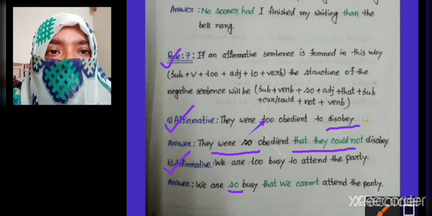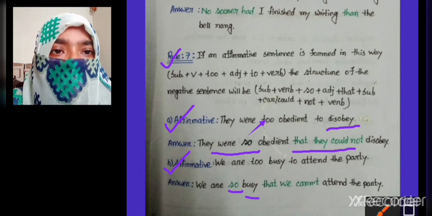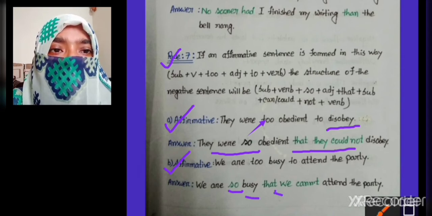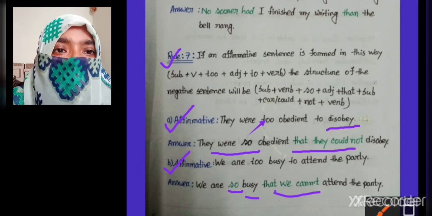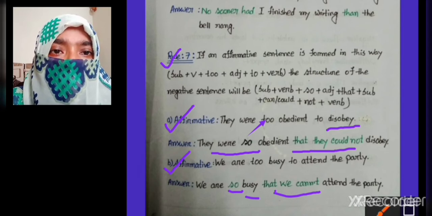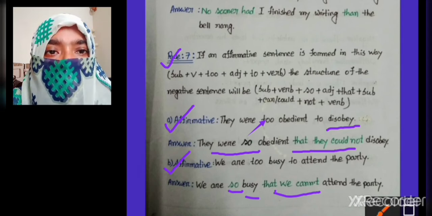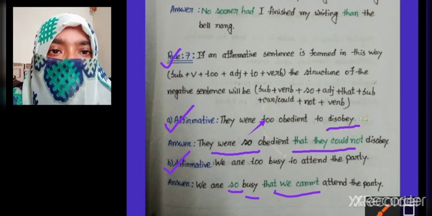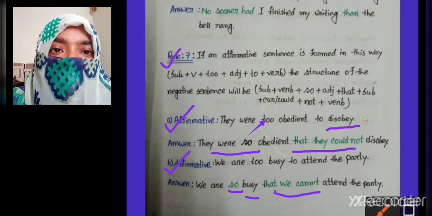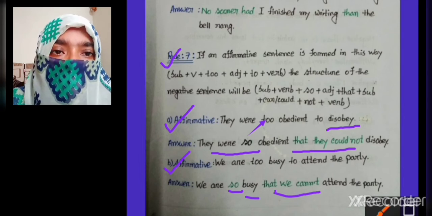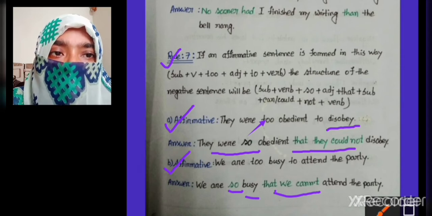Then the adjective "busy", then we will have to bring here "that". Then the subject of the previous sentence, "we". Notice here I have used "cannot" as our first part is in the present tense. That means we are in the present tense, and so I have used here "cannot".